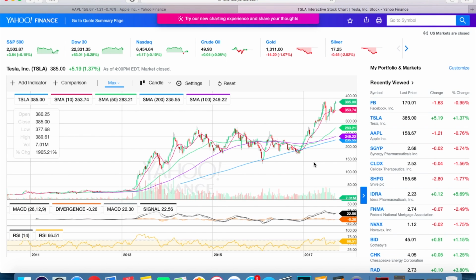So, for example, I pulled up Tesla here because I wanted to show you this great buying opportunity that happened about a year ago when, as you can see, the stock was around $200, and it dropped all the way down to $150, right? This was a great opportunity to get the stock at a discount. And as you can see, it just kept going up because the company is good, in my opinion.